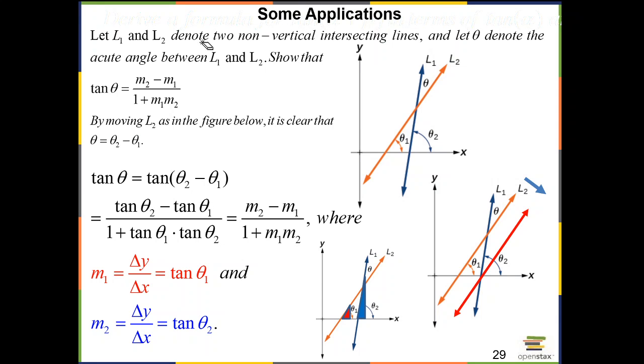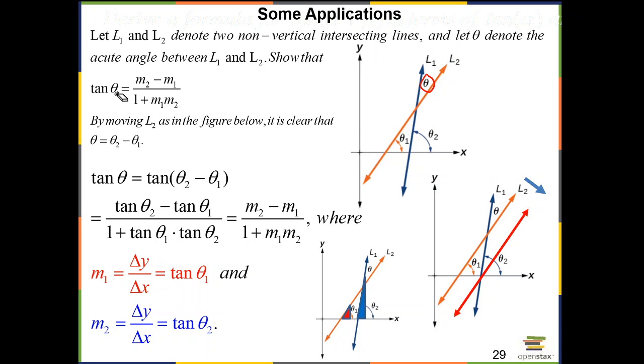All right, so now it says, let L1 and L2 denote two non-vertical intersecting lines, like these two. And let theta denote the angle between L1 and L2, which is this right here. Show that tangent of theta is (m2 minus m1) over (1 plus m1 times m2).